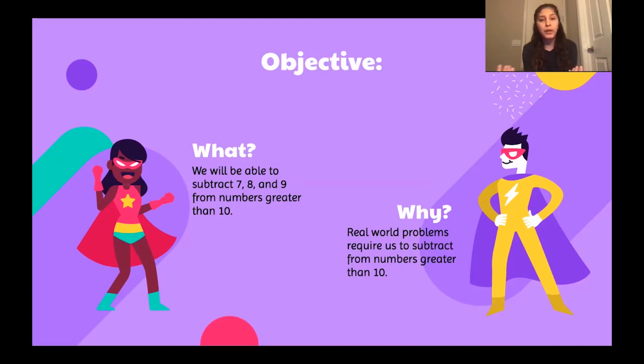You need to know how many cupcakes you'll have left so that you can have some when your friends are gone. Or maybe instead of 8 friends, you invited 9 friends, or 7 friends. So you need to know how to subtract those numbers from the 15 cupcakes you have.